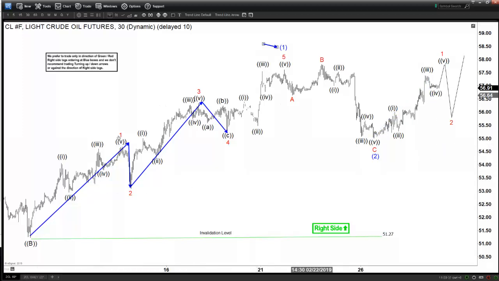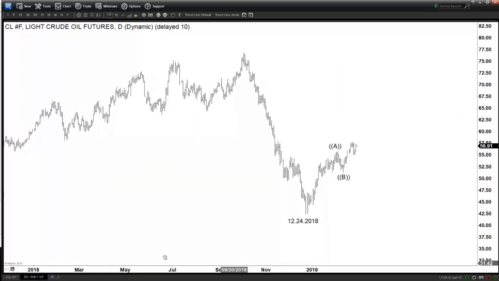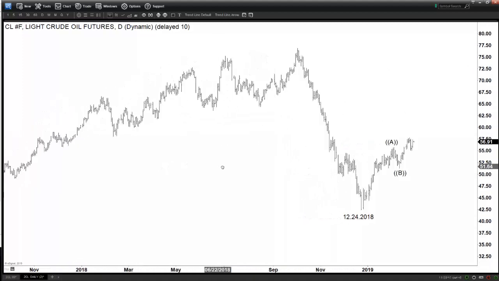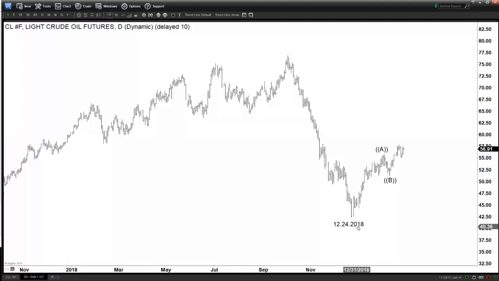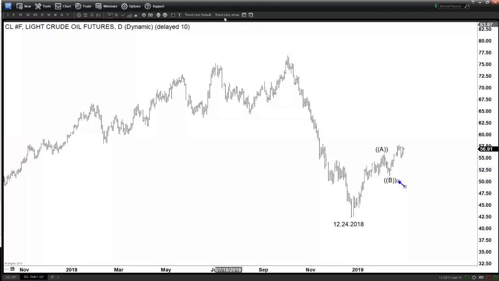If I upgrade the view into the daily, this is the daily count, not the full count, but a daily chart. You can see that from the December 2018 low we have a rally, and this is the P that you saw in the 1 hour chart earlier. You can see the rally looks impulsive to me here, and then we got a pullback, and after that we got a new high above this A, right?